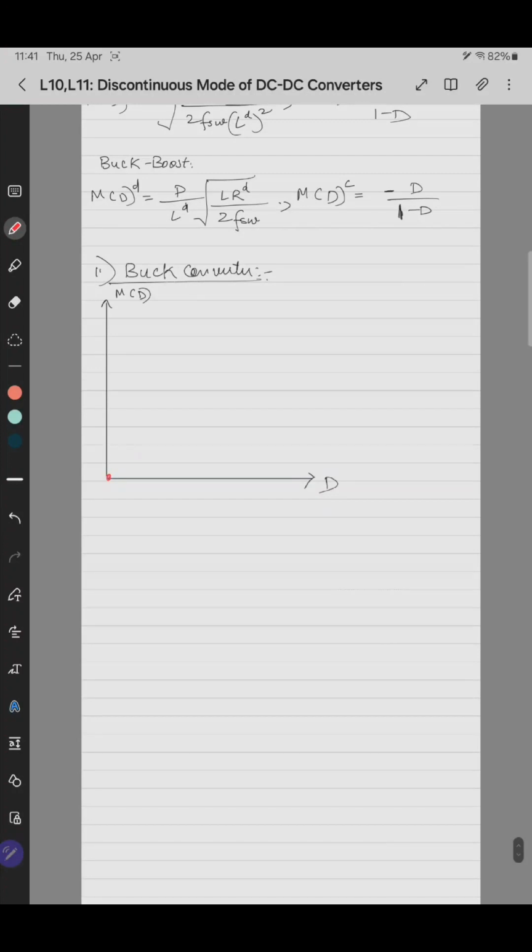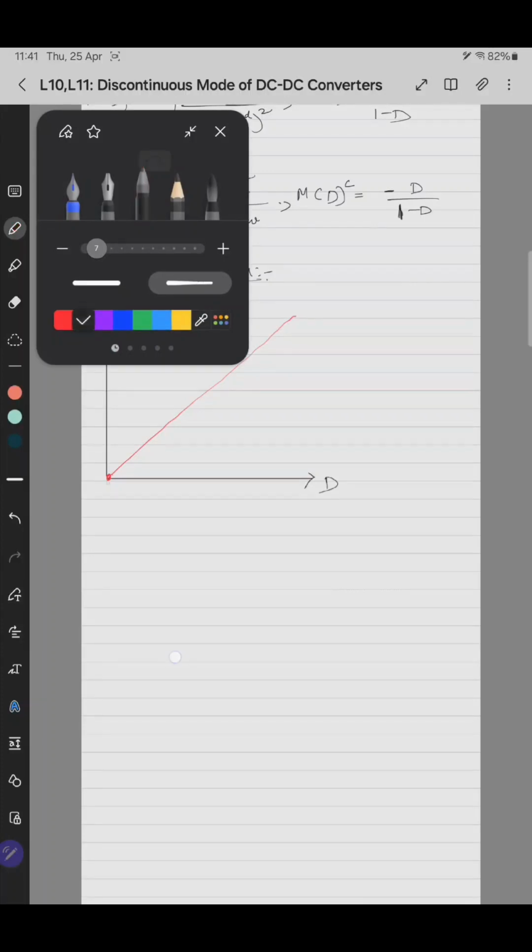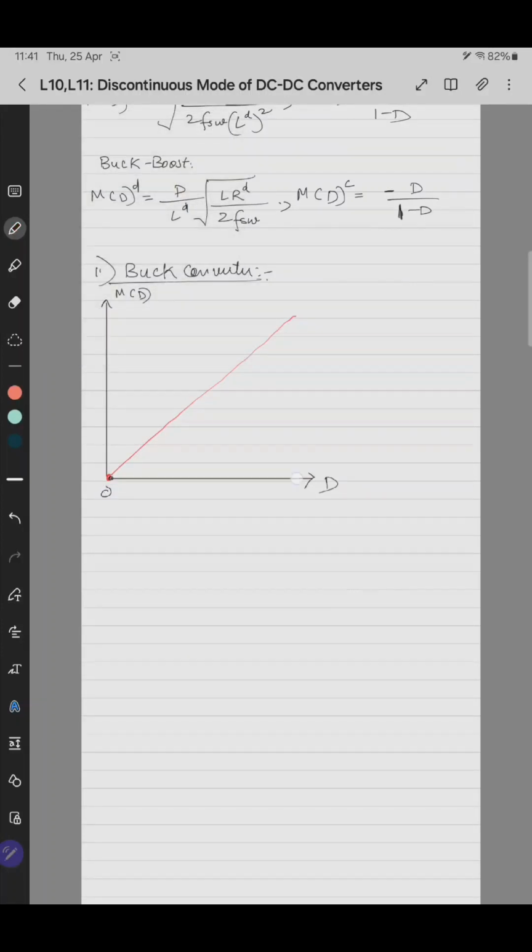So 0 and then it moves in a straight line. This is 0 for a buck converter, 0. This is 1. So this is 0.5, 0.75, 0.25.